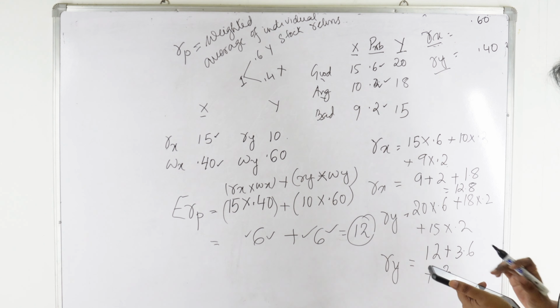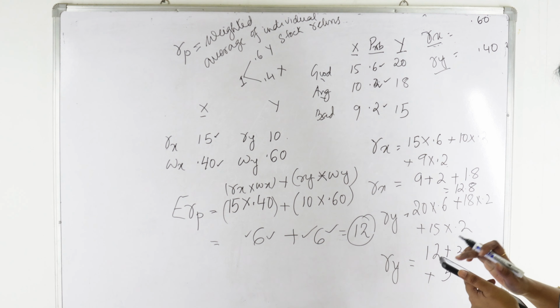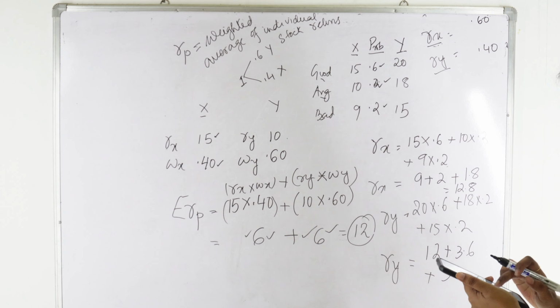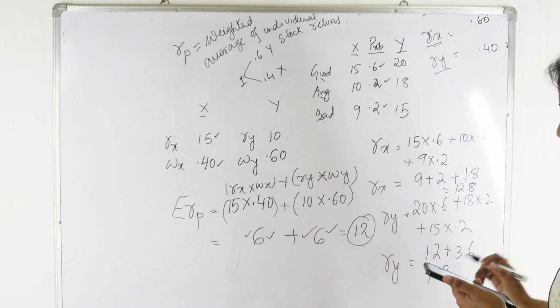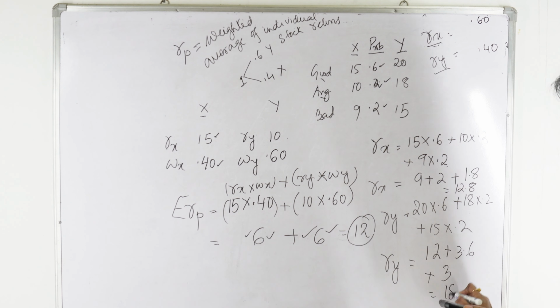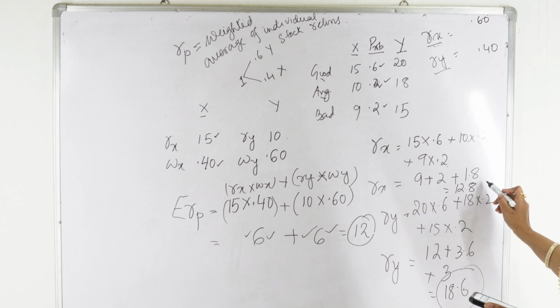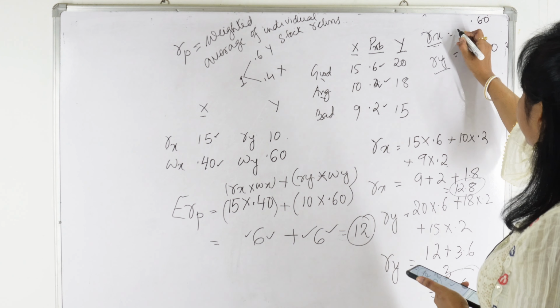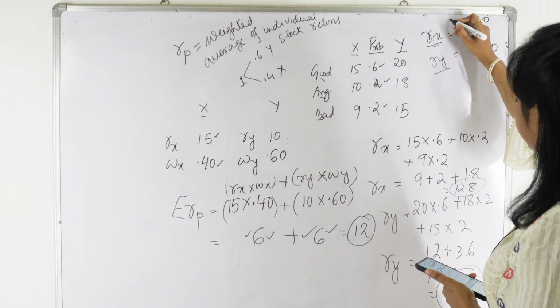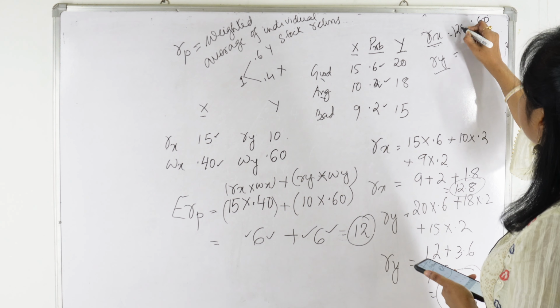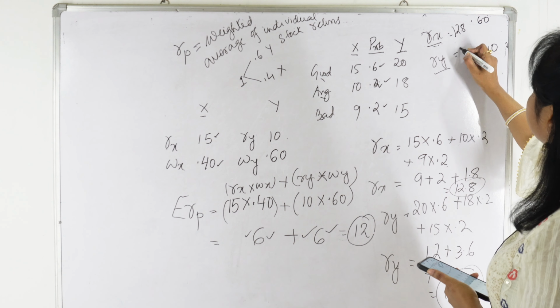So if I sum all, I get 12 plus 3.6 plus 3, which is 18.6. So my expected return of stock Y is 18.6, and the expected return of stock X is 12.8. I can write it here: 12.8 and 18.6.